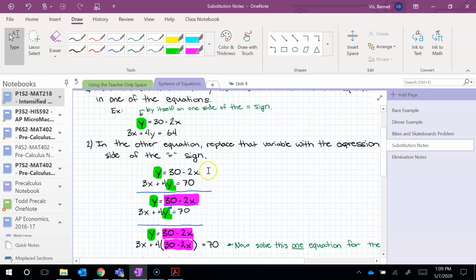So that's what you have to do every time. If you have 2y here, it doesn't count. It has to be just y. If you have a 2y, divide both sides by 2 so that it's all by itself. And if that's the case, there's probably a different, easier method that we will learn later.